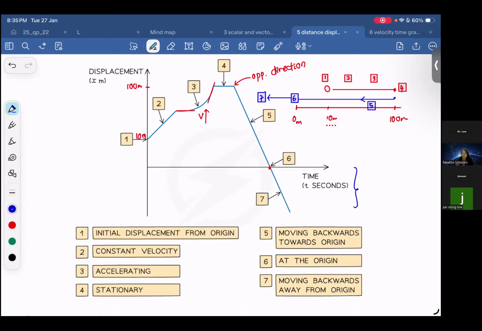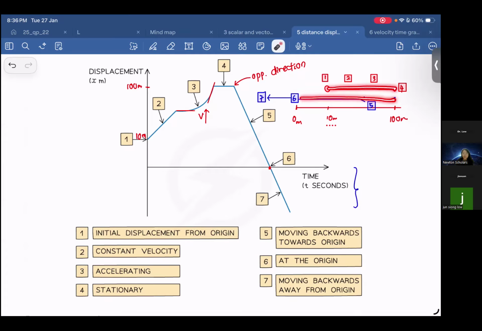So from the starting, okay, this is considered the 0 point, our starting point. At start, they're starting from a certain distance, a certain displacement from the origin. So it starts to move forward until number 5.